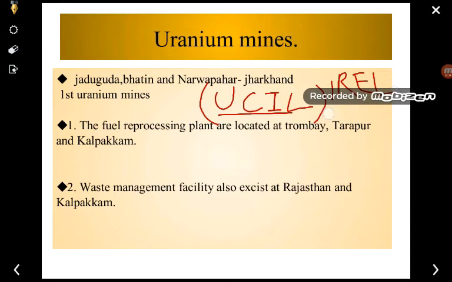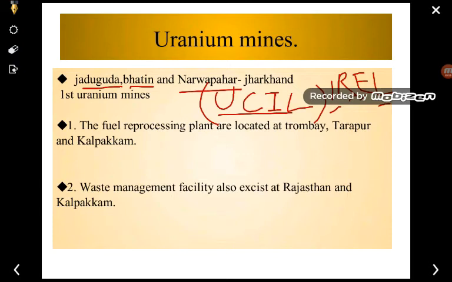Indian Rare Earth Limited. So these are the two main organizations which do the mining and the processing of the radioactive material. You can find certain names given, that is Jaduguda, Bhatin and Narwapahar.